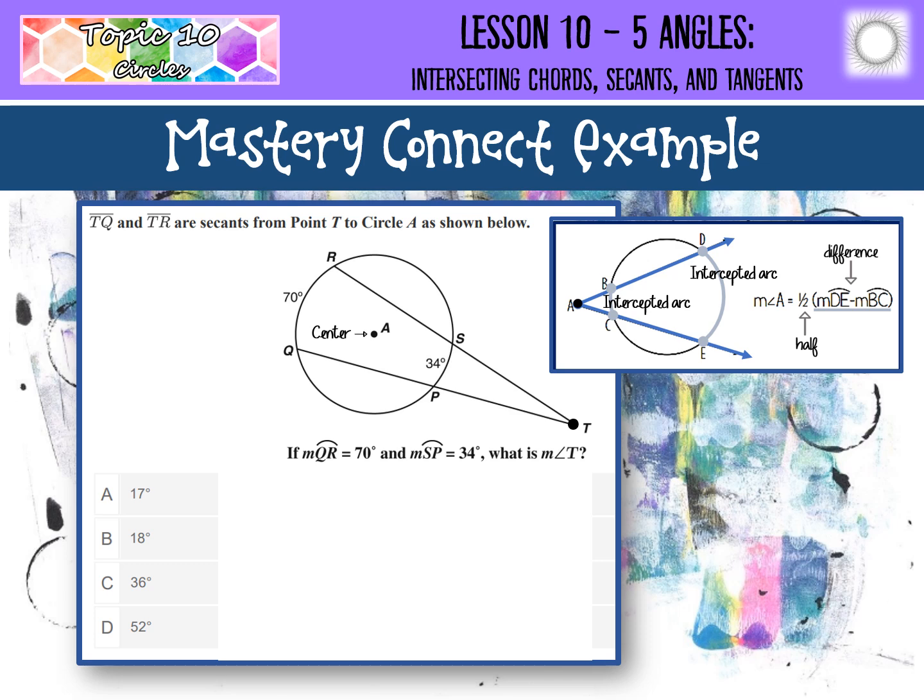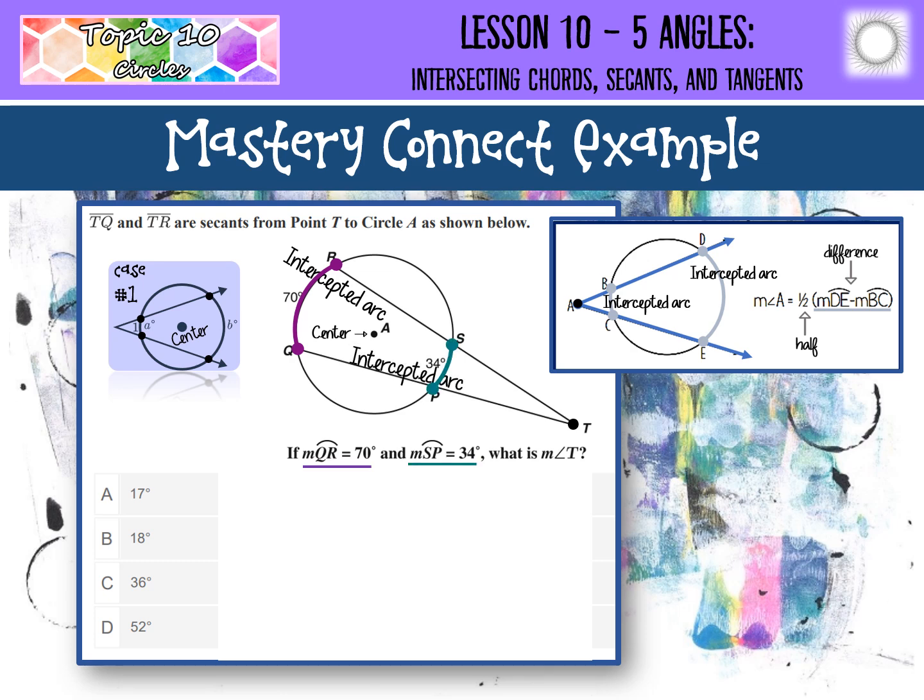Mastery Connect examples. So we have segment TQ and segment TR, and they're secants. And it is case number 1 again. There's one intercepted arc for our circle. There's the other intercepted arc, and we're looking for the angle. Okay, that's how the formula is set up.